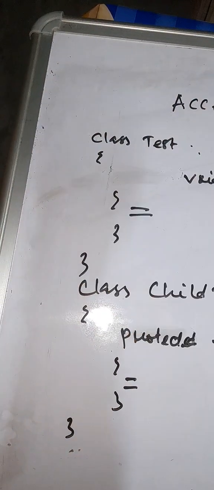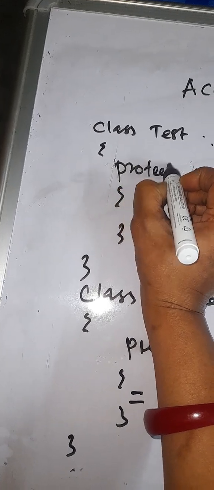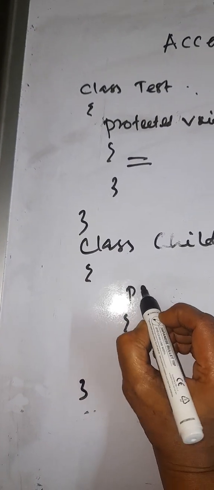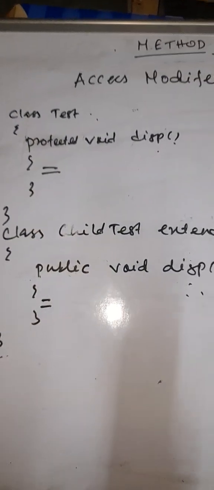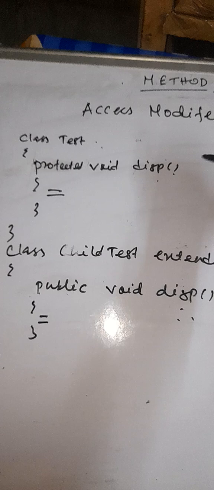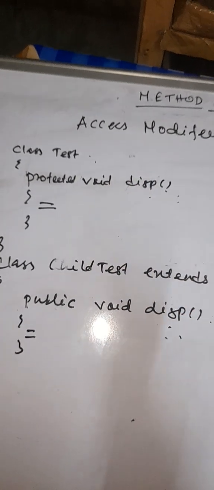If your base class method is protected, you can make it public in the child class. Why? More permissible, you can give more permission. Which one is protected in your base class, you can make it public.